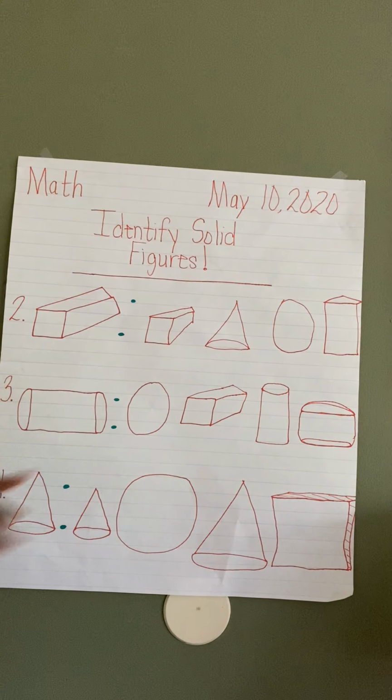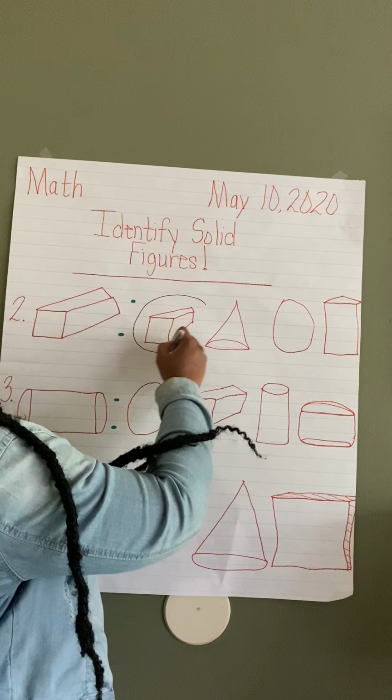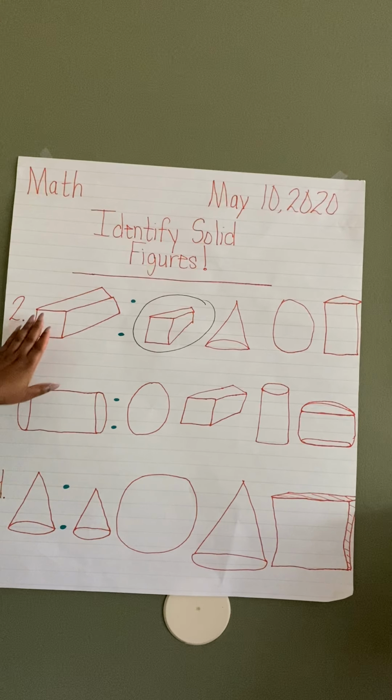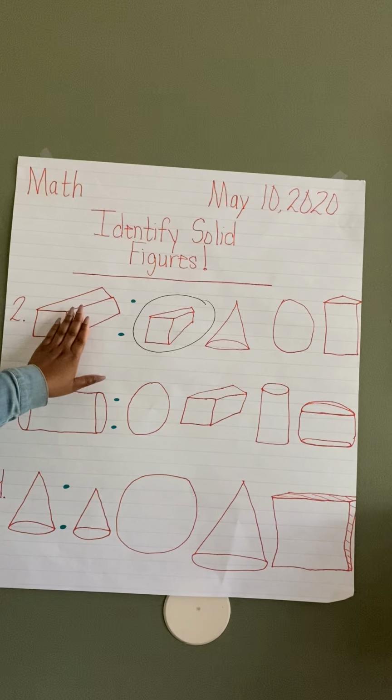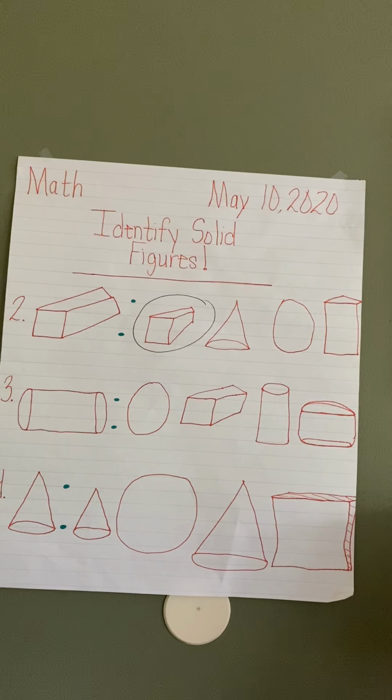So go ahead and circle that first object on number 2. Why are we circling it? Because it is in resemblance to the rectangular prism.